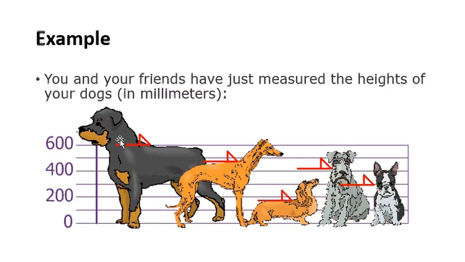In the first picture, the first dog is a very tall dog compared to the others, and it is measured at its shoulder. The second dog is also measured at the shoulder, and so forth. We are measuring the heights of the dogs in millimeters in this example.